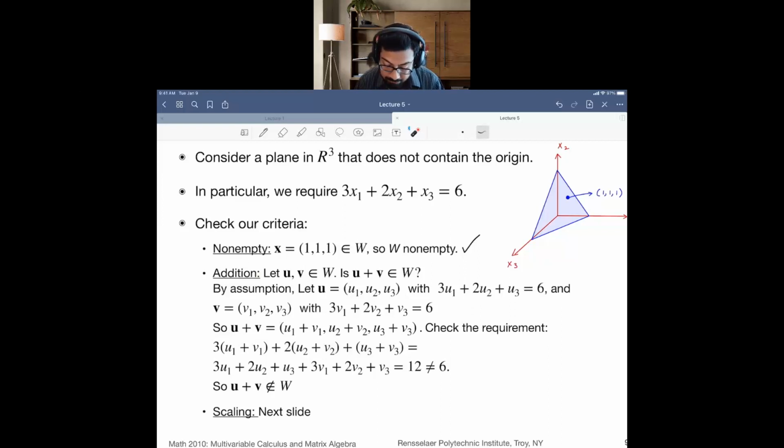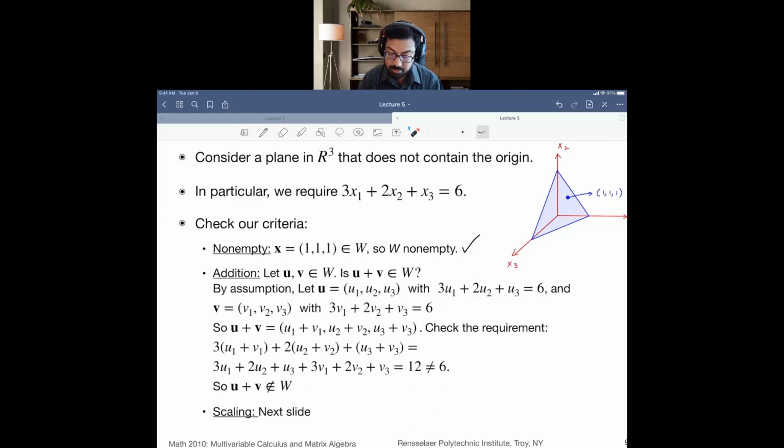So let's do the same thing. U is in R cubed, belongs to W. If it is in R cubed, then I can write that as a vector with 3 elements, U1, U2, U3. And because it belongs to W, I can write this statement as well. It has to satisfy the criteria of being in the subspace. 3U1 plus 2U2 plus U3 should be equal to 6.